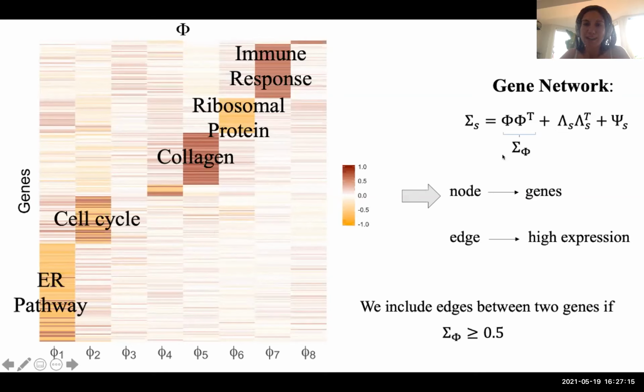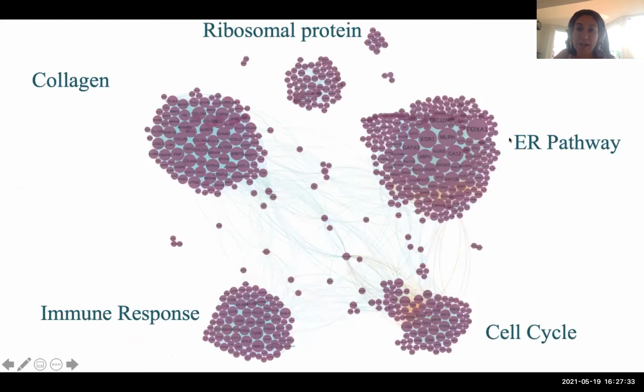We also did another analysis for the gene network. So the gene network is an undirected graph. And we use the part of the covariance matrix that is shared among all the studies.